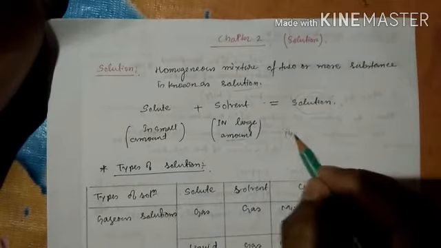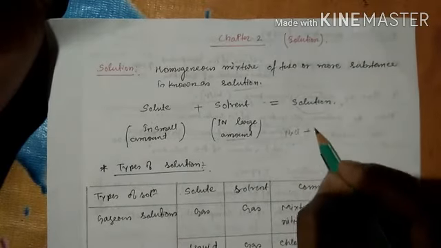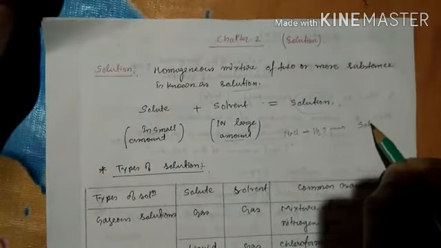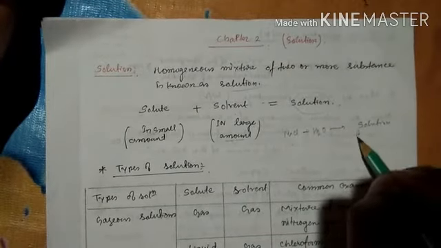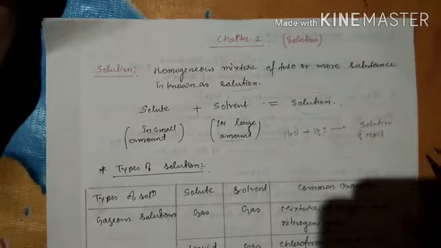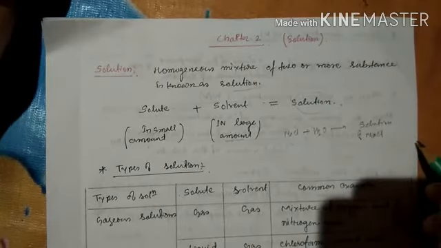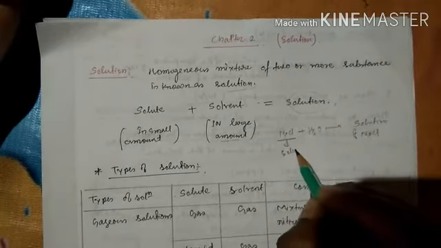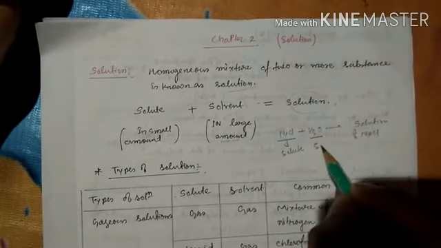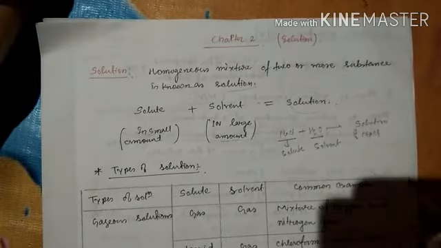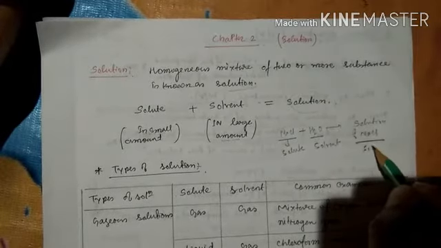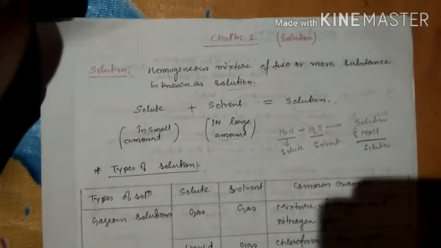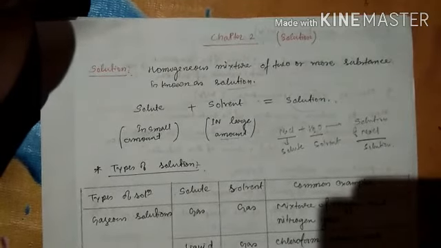Sodium chloride is salt, plus water gets solution of NaCl. Sodium chloride is the solute, this one, water is the solvent, this one, and this is the solution. Therefore, solute dissolves in solvent.